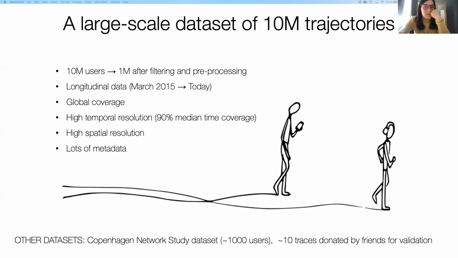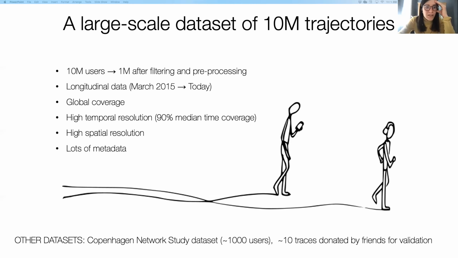This data set covers a few years, so it was collected starting from 2015 until today. It has global coverage, so individuals are located all over the world. It has super high temporal resolution, so we have very good descriptions of the trajectories, and also very high spatial resolution because it's GPS traces. And also some metadata, like gender and age for each individual in the data.